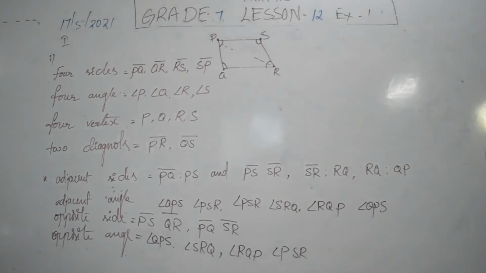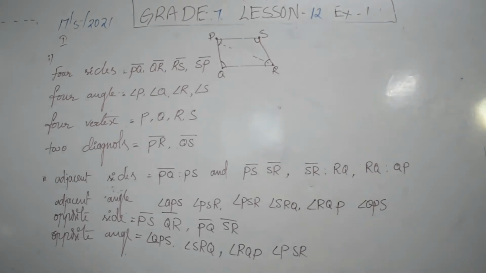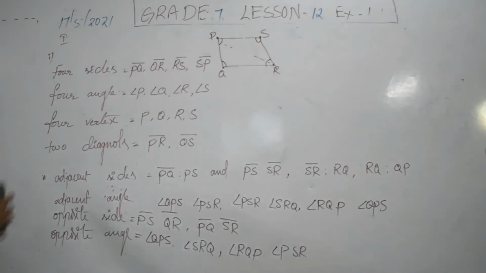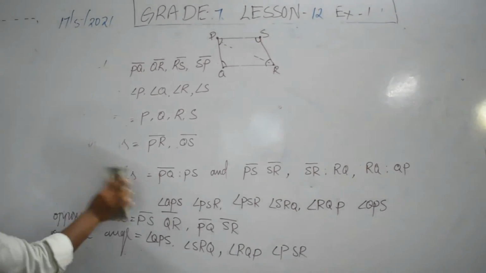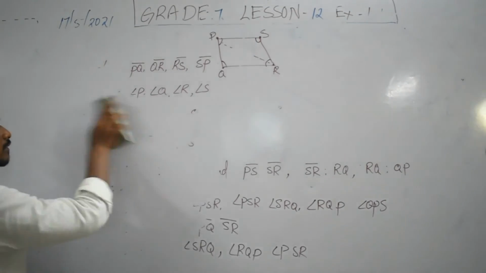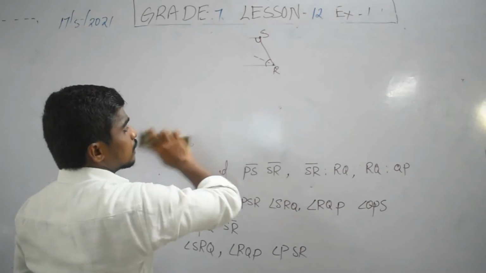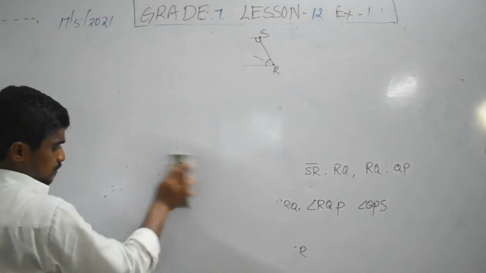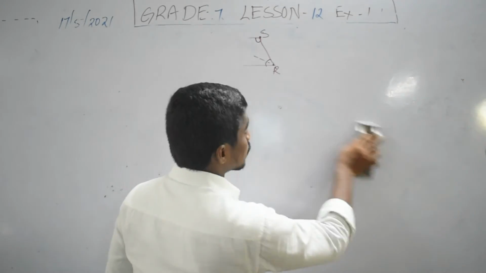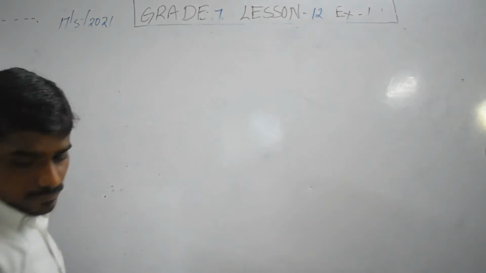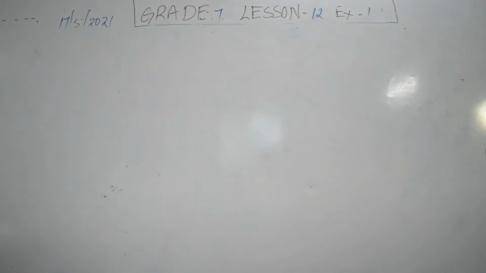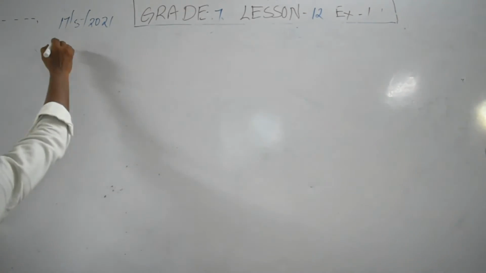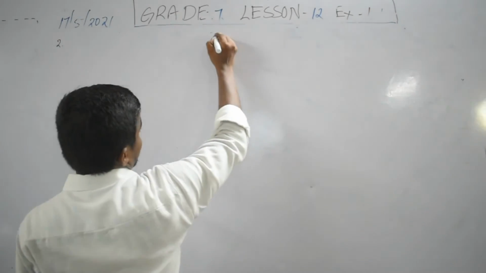Next one. There are three angles of a quadrilateral given. Find the fourth angle. Before that I draw the picture.